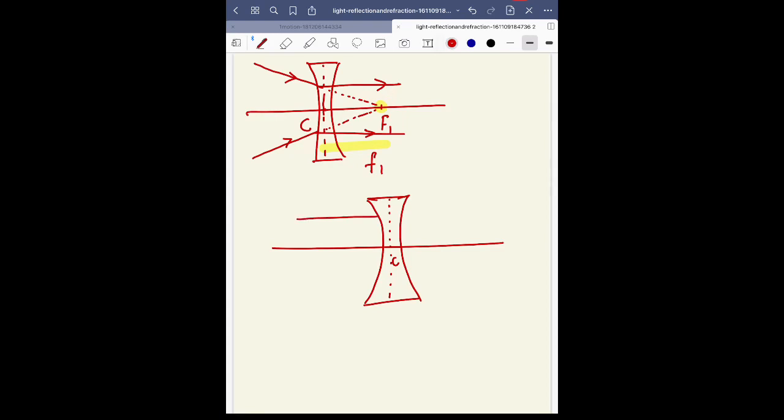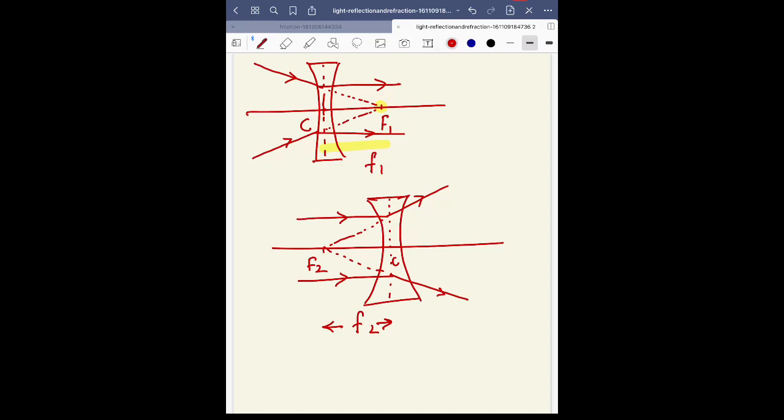Now the rays are coming from infinity, they are parallel, they will be diverged such that the image appears to be formed at f2, that is our second focus. If we produce them backward, they appear to be intersecting at the second focus, forming an image here. The distance between the second focus and the optical center is the second focal length.